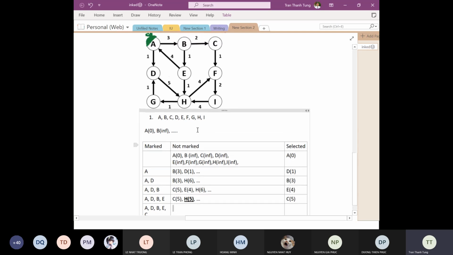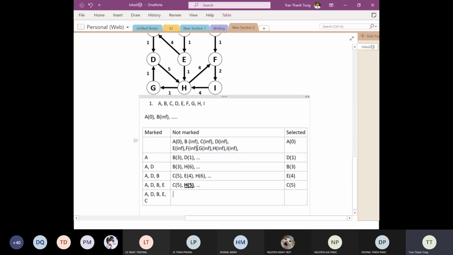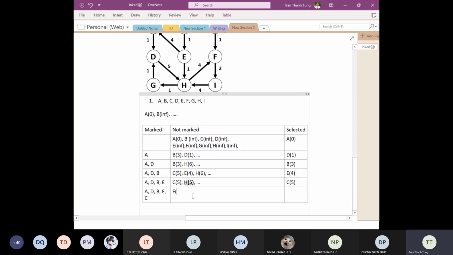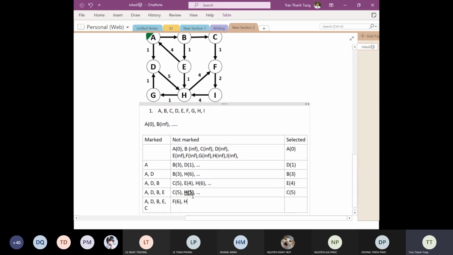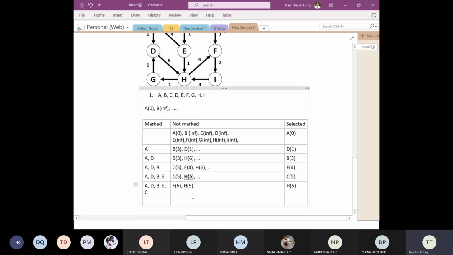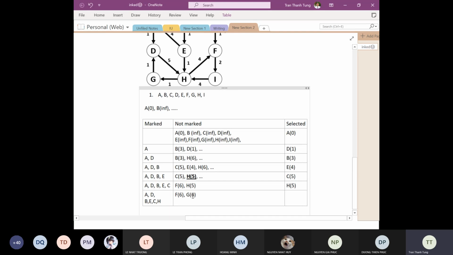From C we have F, which will be 6, and H5 is the same, so we may take H5. So A, D, B, E, C, and H. For H we can update G: 5 plus 1 is 6. Okay, so we take F.